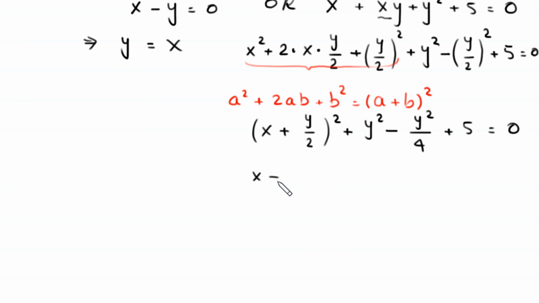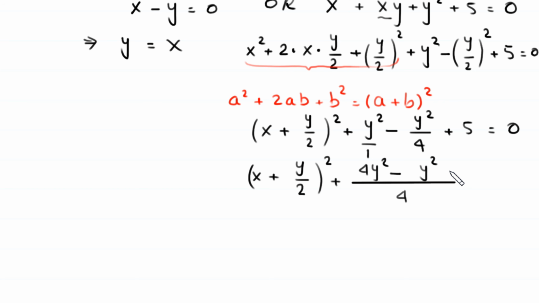Next, (x plus y over 2) whole squared. We can write the denominator of this y squared as 1. We take the LCM of 1 and 4. The LCM of 1 and 4 is 4. So this will become plus 4y squared minus y squared, plus 5 equal to 0.